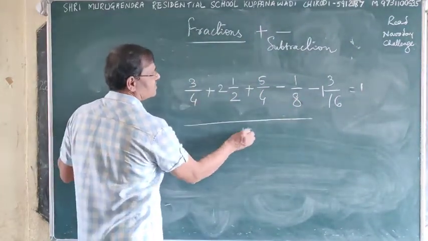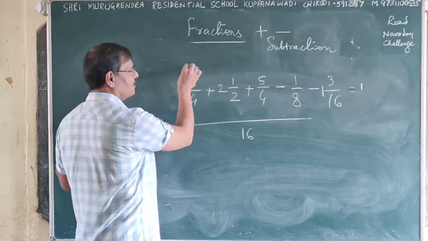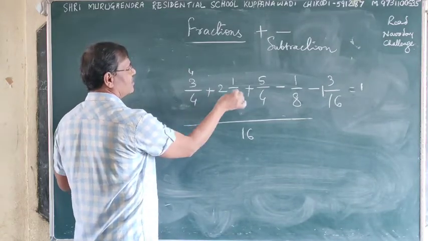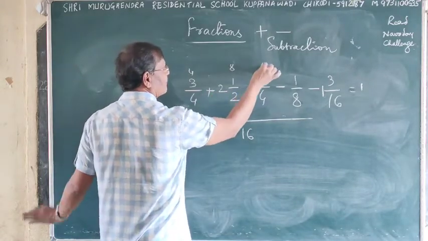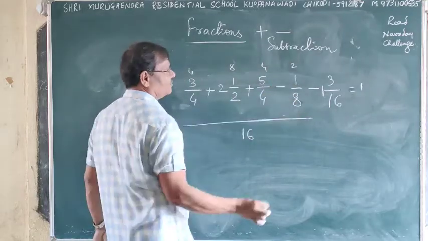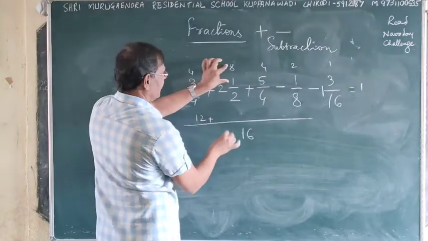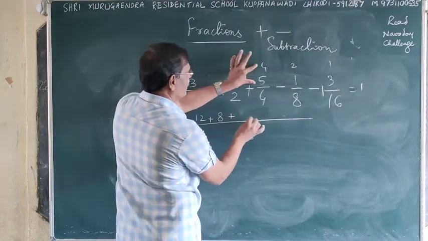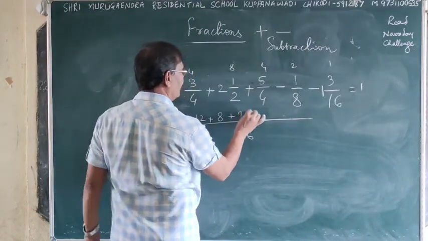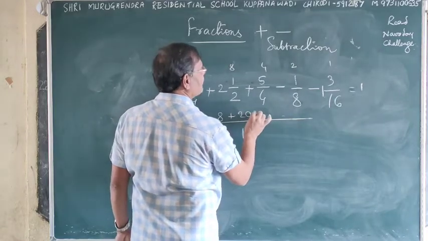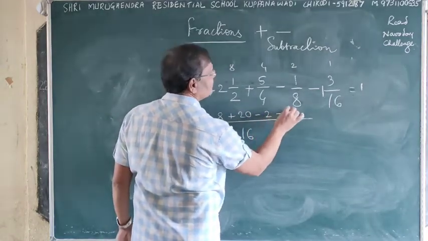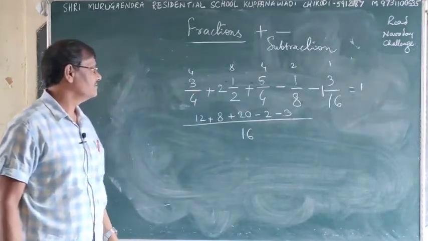Then 16 is the LCM. 4 4s are 16, 2 8s are 16, 4 4s are 16, 8 2s are 16, 16 1s are 16. 4 3s are 12 plus 8 1s are 8 plus 4 5s are 20 minus 2 1s are 2, 3 1s are 3.